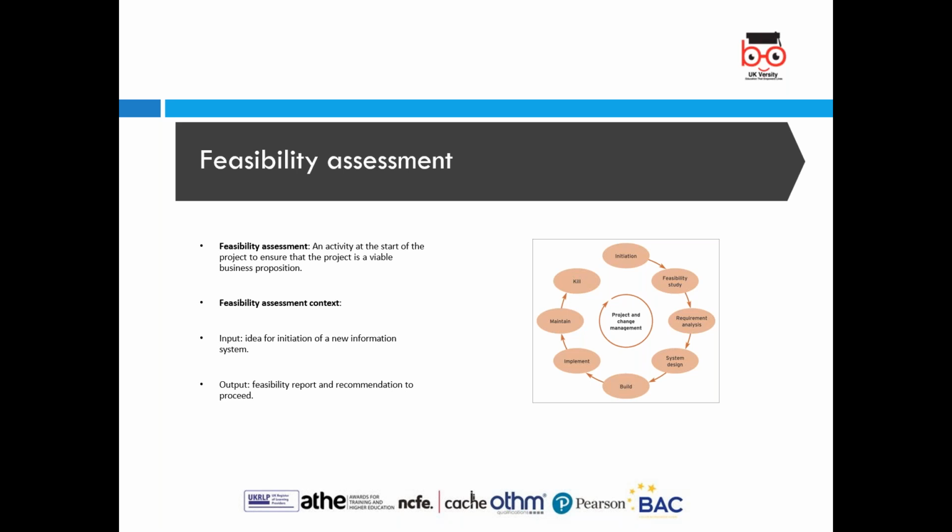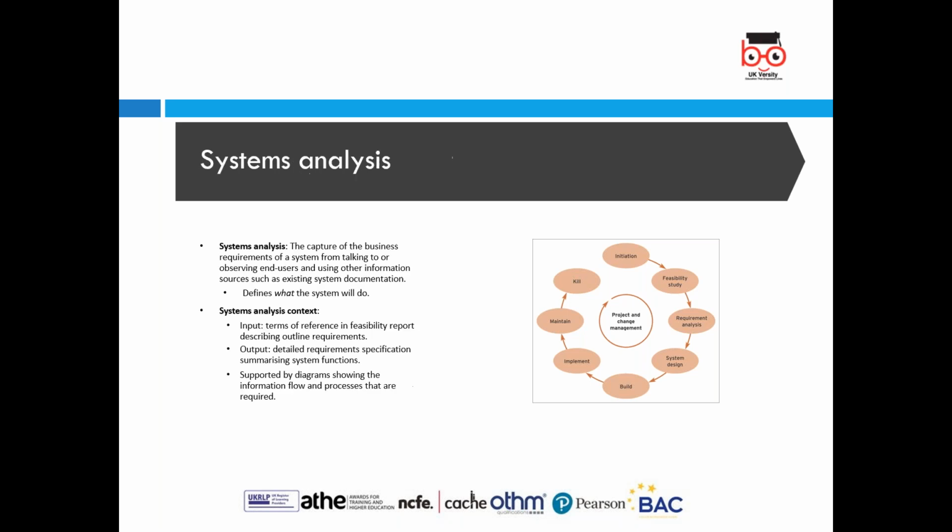The input is simply the idea for initiation of a new information system, and the output has to be a feasibility report and a recommendation to proceed. So it's just looking into a couple of considerations for us before proceeding to the next stages. Then we have system analysis.